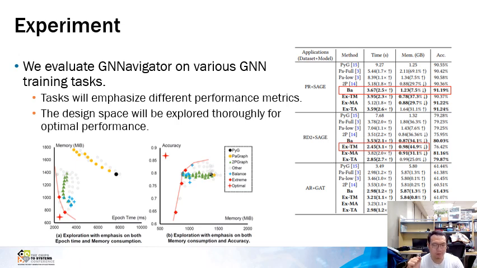And if we sacrifice a bit of accuracy, which means extreme mode on time and memory, the acceleration can achieve up to 3.1 times. In this way, we can adaptively provide GNN training guidelines for users to achieve promising performance under different scenarios.